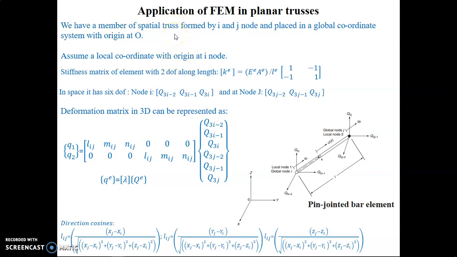The simultaneous solution of all these algebraic equations will give the nodal displacement at each and every node of the truss. From these nodal displacements, we can easily determine the stress and strain in each and every member of the truss.